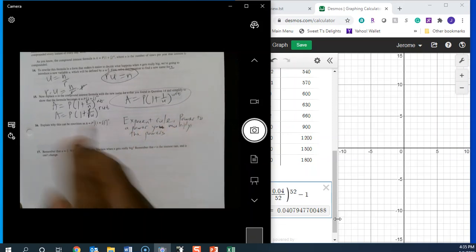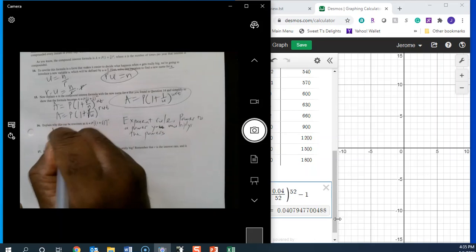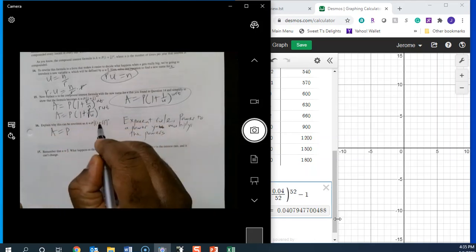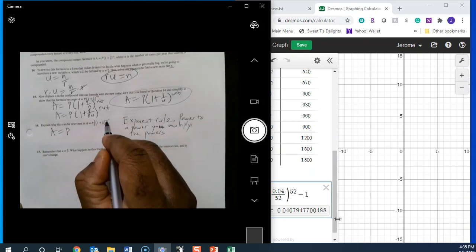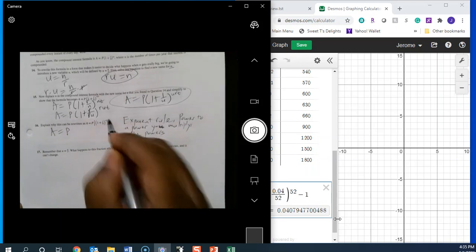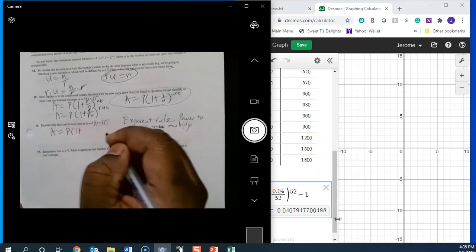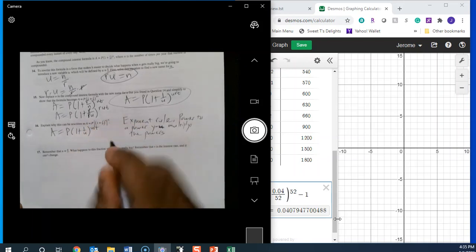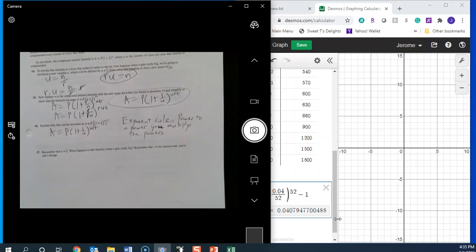So, knowing that, A is equal to P, and I just leave right here this parenthesis taken to the u, and it's all taken to the RT power. So it'd be 1 plus 1 over u to the uRT, because when you take a power to a power, you multiply the powers.